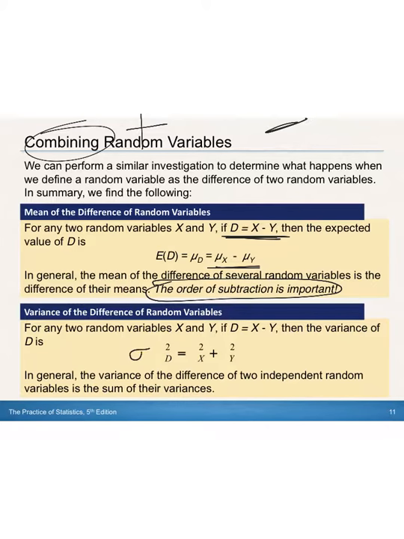Now, if you're subtracting two random variables and they are independent, then interestingly enough, you're going to add the variances anyway, and then take the square root of the sum of the variances. And pardon my really bad symbol drawing. So this is going to get you your standard deviation of the new one of D.